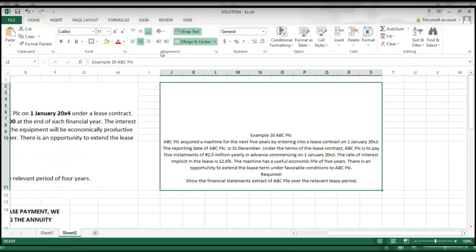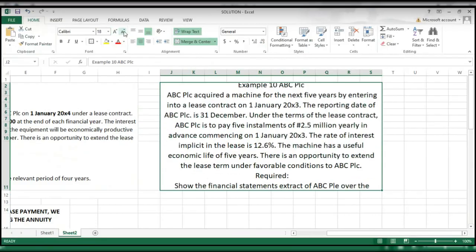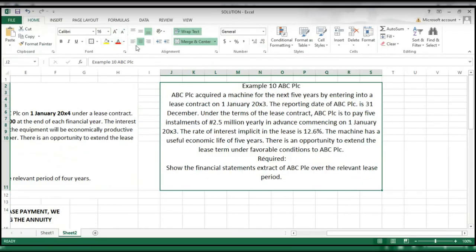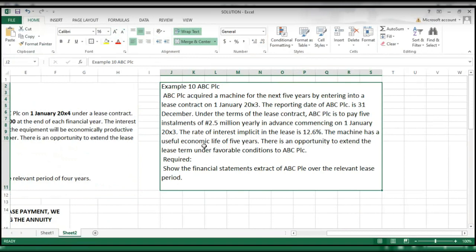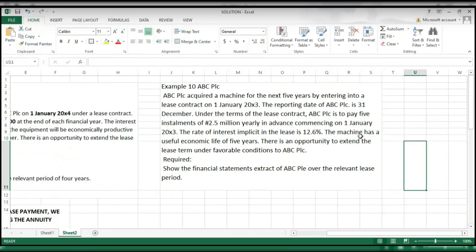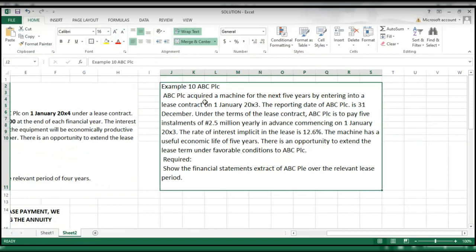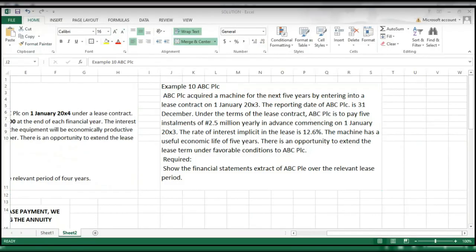Let me try to increase the font of the question so that everybody can be able to see it on your phone. That's it. So this is the question we want to treat now. I believe you can see it at your end there.